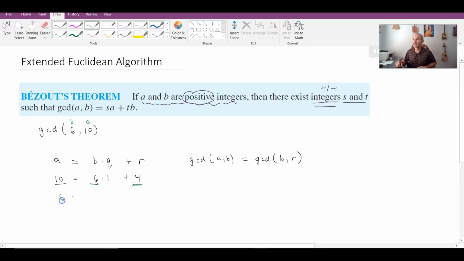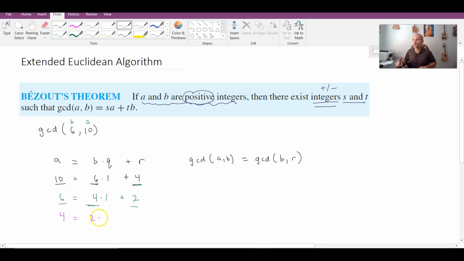And now I'll say 6 equals how many multiples of 4? Well, 4 goes into 6 one time, leaves a remainder of 2. And now I can say that the GCD between 10 and 6 is the same as the GCD between 6 and 4, which is the same as the GCD between 4 and 2. So my next line will involve 4 is equal to 2.